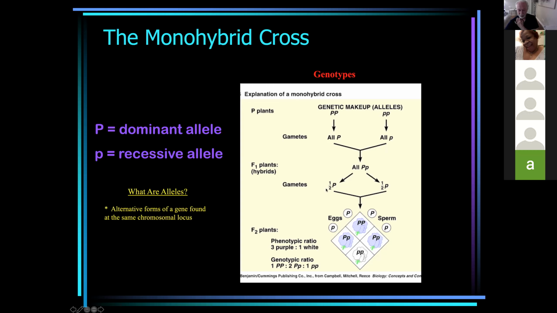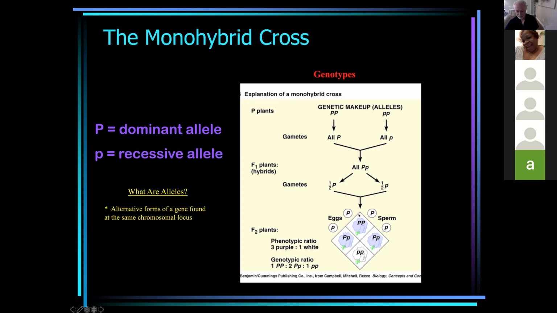So now if you cross two F1s, you're crossing a big P, little p with a big P, little p, and you get the following result in the F2. So if you look here at the eggs and at the sperm of the pea plant.